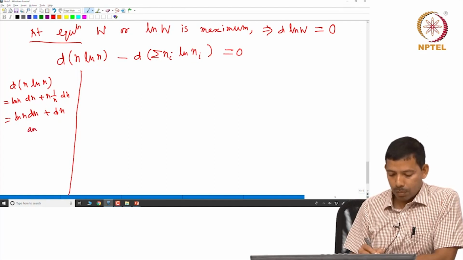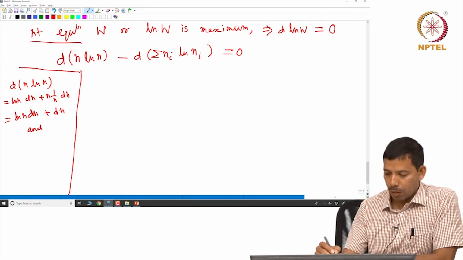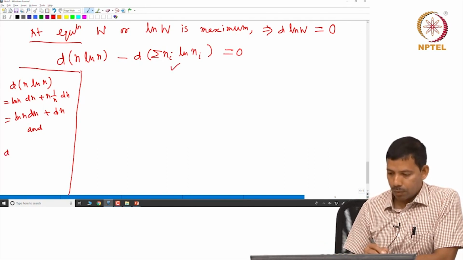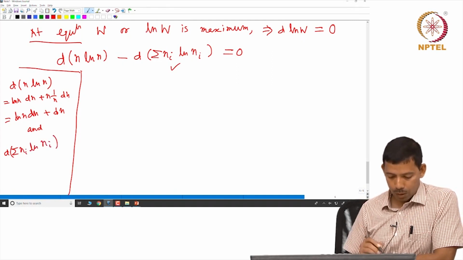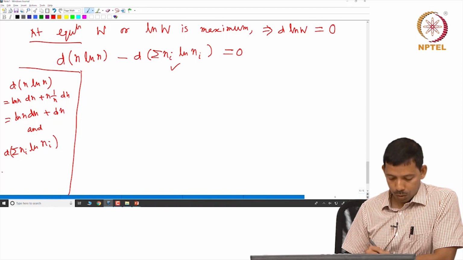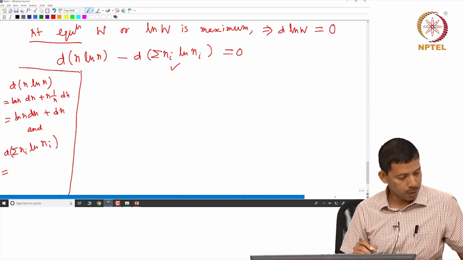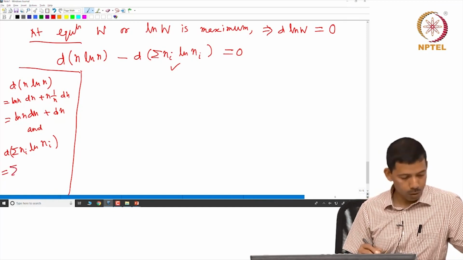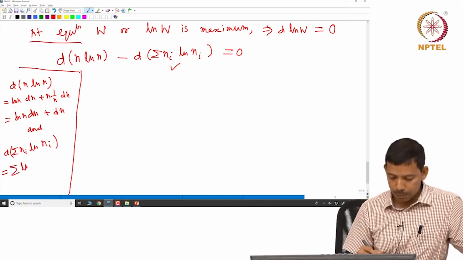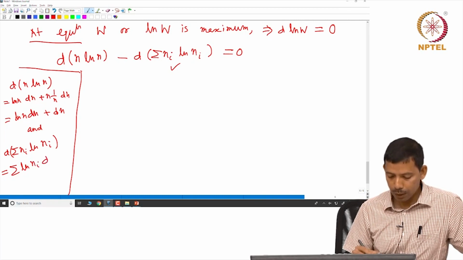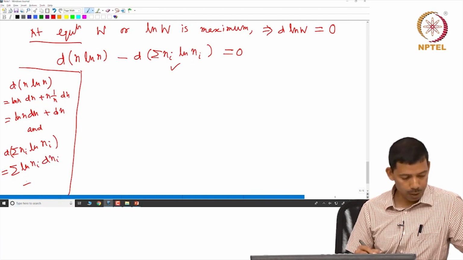For the second term, d of sum over ni ln ni, if you simplify, ultimately you get sum over ln ni dni plus dn.